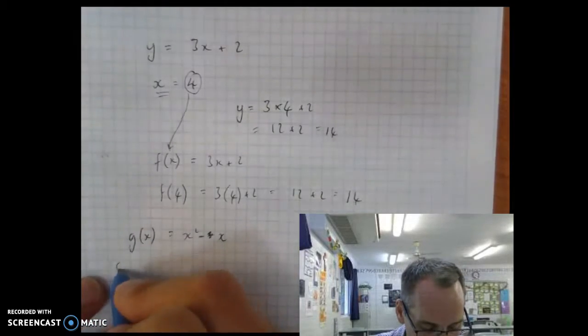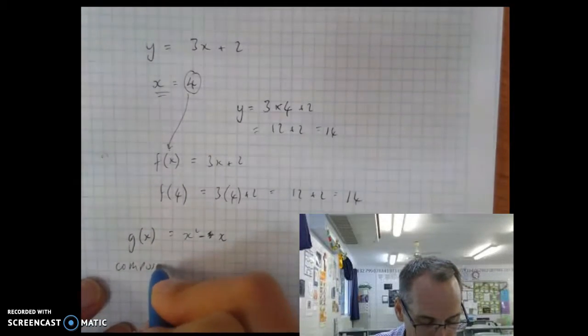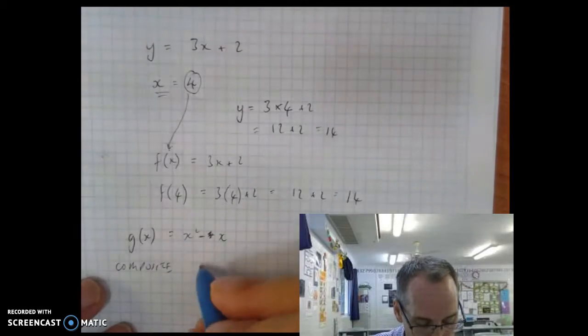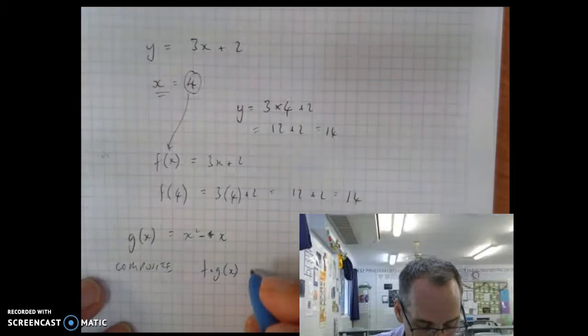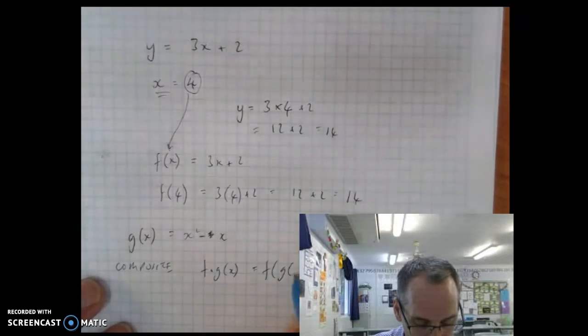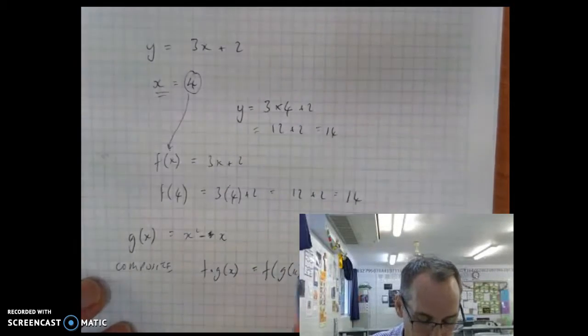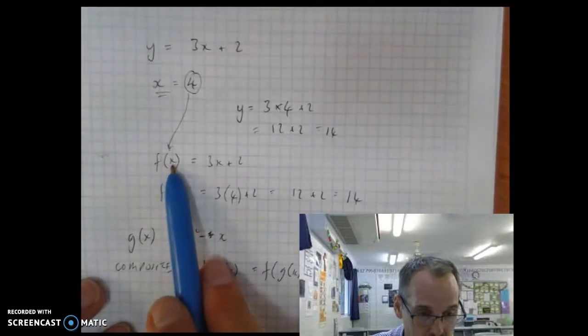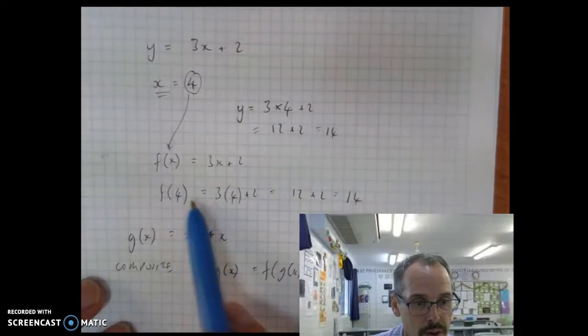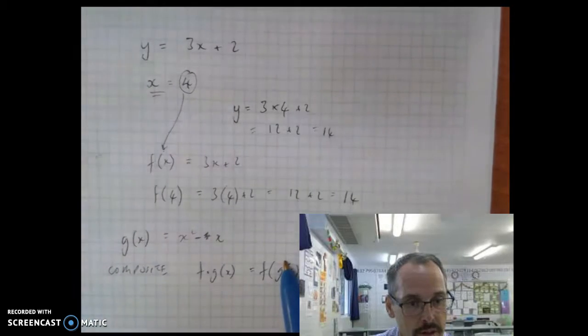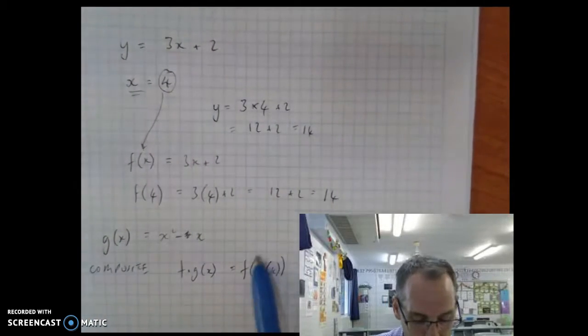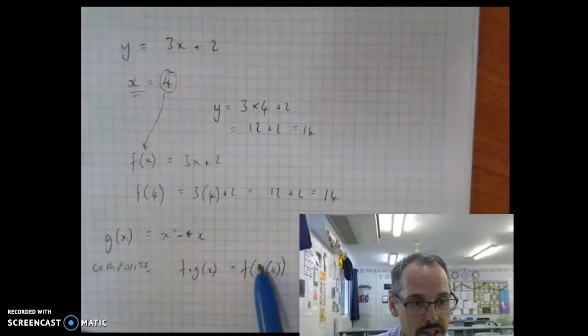And therefore, when it's a composite equation, something like, and we call this f of g of x, or you may equally see it written as this, then instead of replacing x with 4, we're replacing x with g(x).